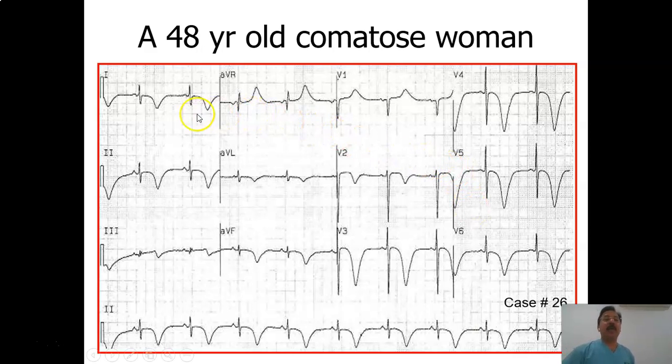ST segment elevations are not there, but depression, T wave inversion, giant T wave inversions are seen throughout the ECG, except AVR and AVF. And this patient is comatose. So this may be an ECG secondary to central nervous system disease and maybe raised intracranial pressure, something like subarachnoid hemorrhage.